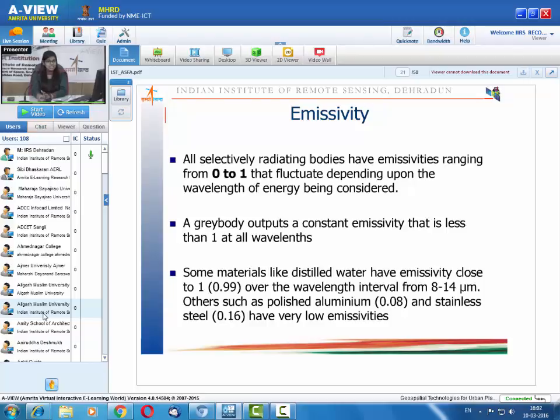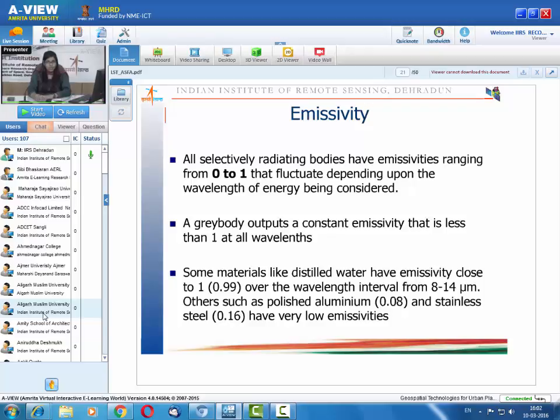Emissivity, as I said, is going to range between 0 and 1. It is going to fluctuate depending upon the wavelength of energy being considered. A grey body has emissivity less than 1 at all wavelengths, because a certain fraction is reduced as compared to that of a black body. Now, what is the range from 0 to 1? All materials will have some value in it, some high, some low.